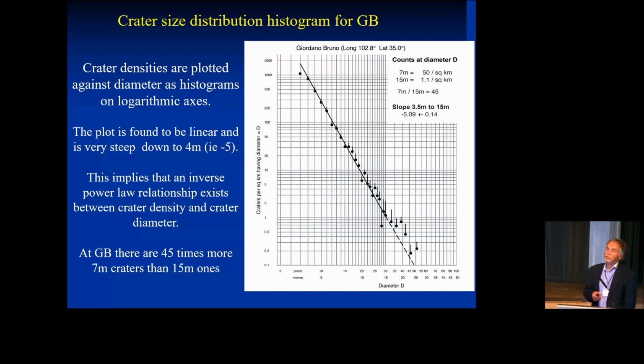The slope of the best fit line is -5. So it's a very strong correlation on a log-log plot, and there's an inverse power law that must exist between crater size and crater diameter. And you'll see at this particular site, there are 45 times more 7-meter craters than there are 15-meter craters. So it's extremely dependent on size.